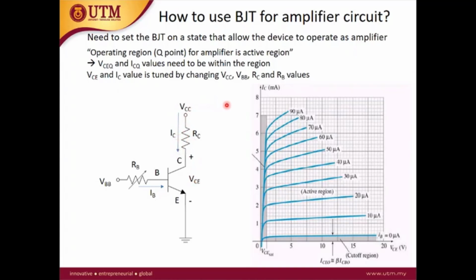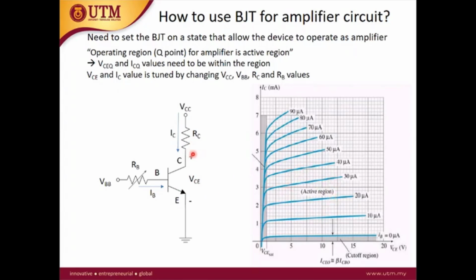This is by changing the applied voltages, and if we use a resistor, we need to make sure the value of the resistor is suitable, such that VCE and IC as well as IB are within the active region.